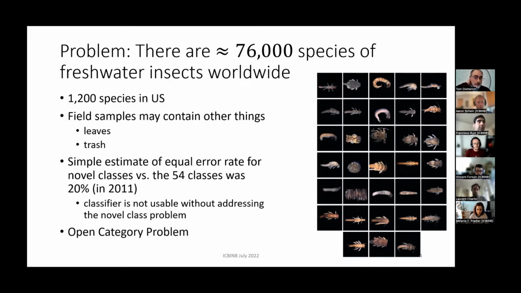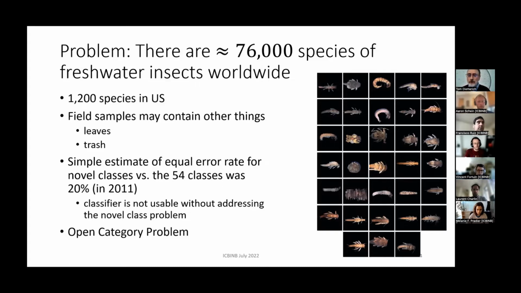So in this case, it suffices for us to just say, oh, this thing does not belong to one of my known classes, so I can just reject it. So I can just treat this as a problem of classification with a reject option. But I want to do that rejection carefully. There are versions of the open category problem, sometimes called the open world problem, where I want to reject it and ask my biologist, so what do you call this thing?